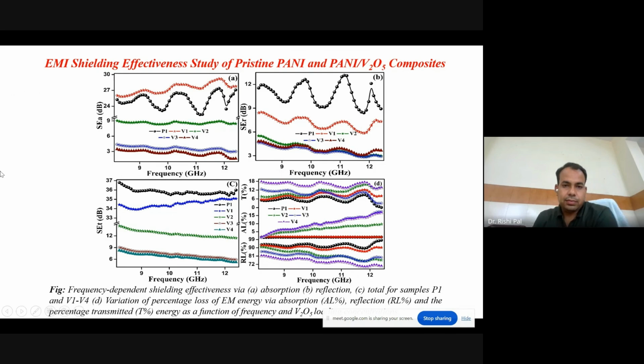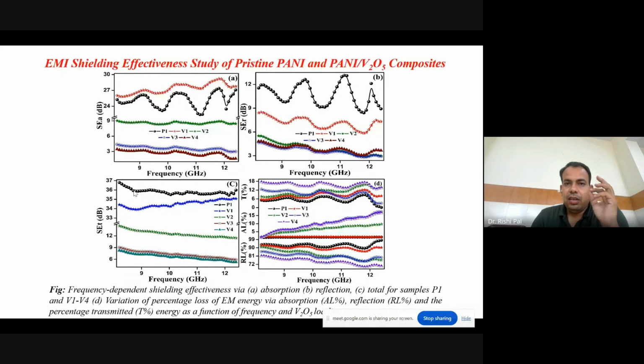Here in figure C, we can see the samples P1 and V1. Both have a total shielding effectiveness of 30 decibels. I would like to tell one more thing. In this study, I prepared three types of composites.